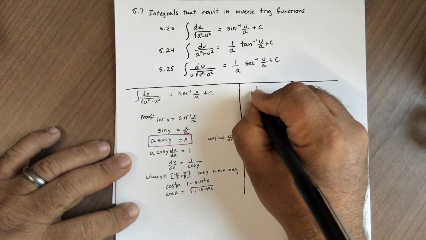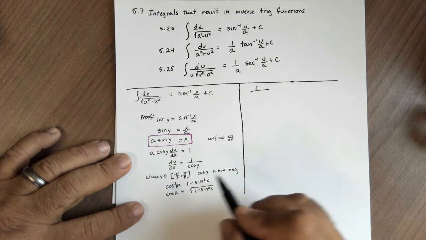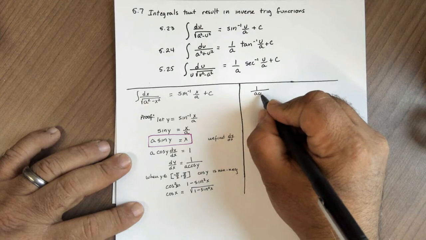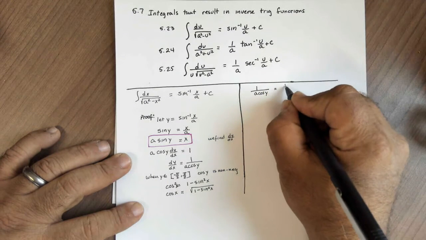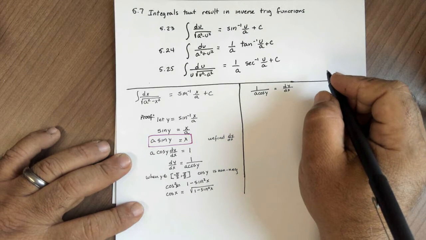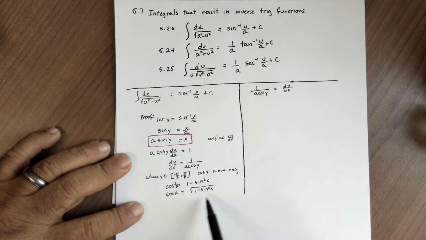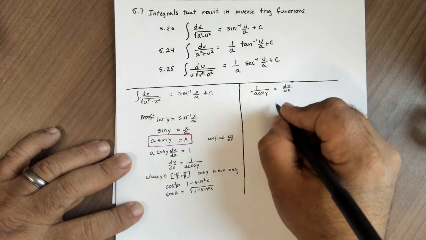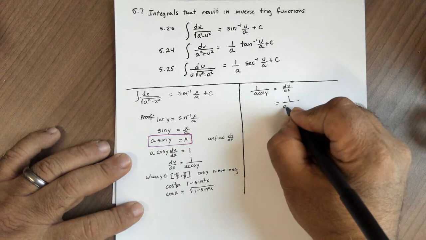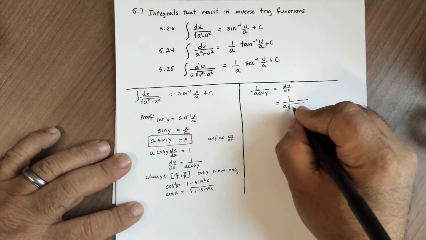Okay? So now we're going to make a substitution. Remember we had dy dx equal to 1 over a cosine y. I dropped the a over here. I'm sorry. Now, what are we going to do with that? We're going to replace it with this right here. And what we have is that it's going to be equal to 1 over a square root of 1 minus sine squared of y.